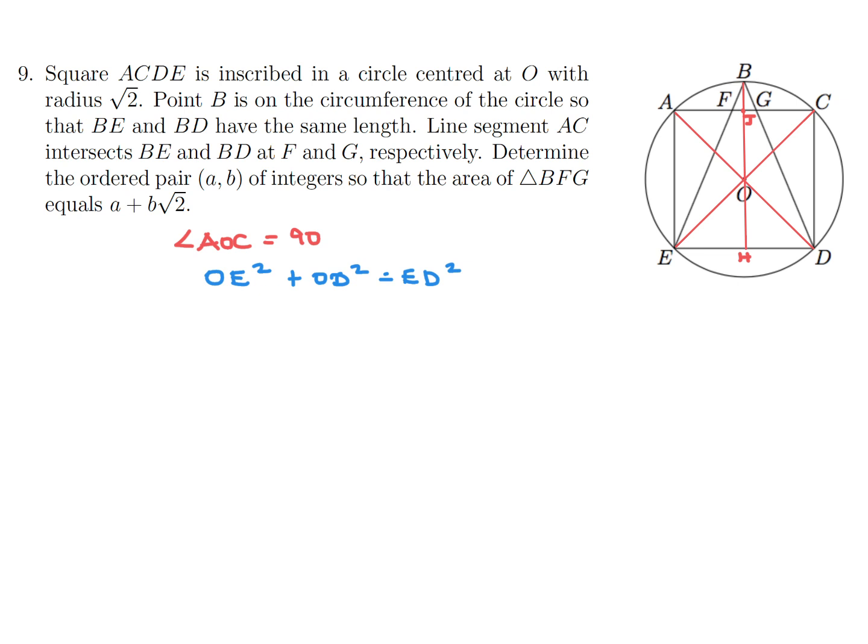And OE is the radius, and the radius they're saying is root 2. So root 2 squared is ED squared, and when you solve for ED, you will get just 2.